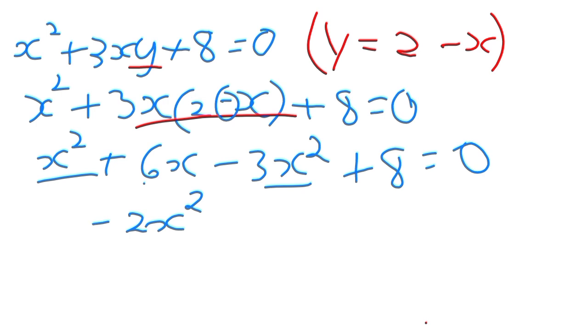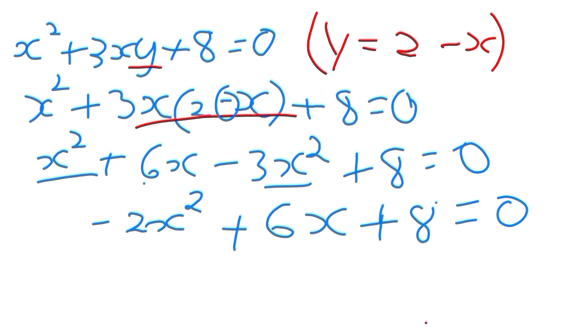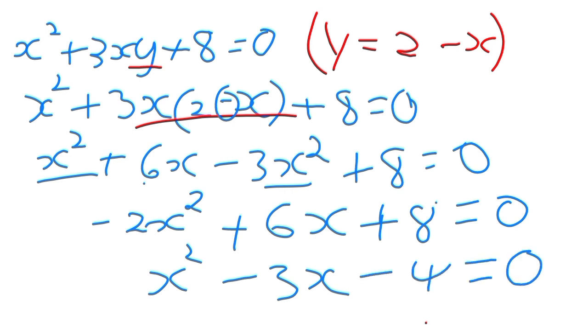So minus 2x squared plus our 6x, then we have 8 there, equal to 0. So what do we do in situations like this? We have to find x. We simplify the equation, we divide all over by negative 2. So when we do that, we get x squared minus 3x minus 4 equal to 0.